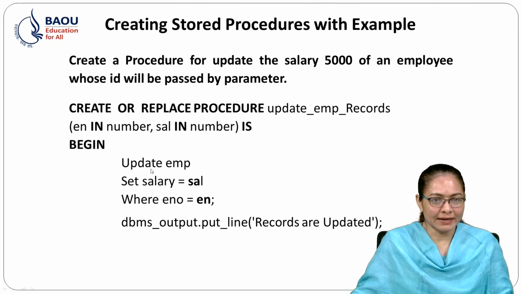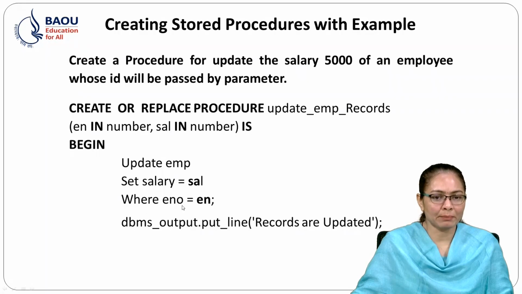See, update, then table name, employee, EMP, set salary column, here it is a column name, is equal to SAL, which is a variable name. See, this parameter is passed here. So the salary value is set in the salary column.